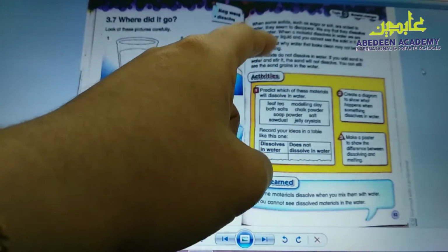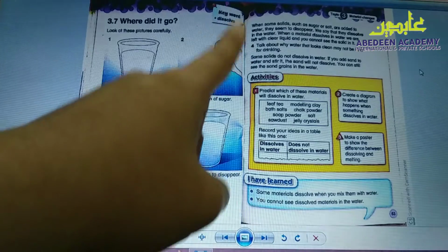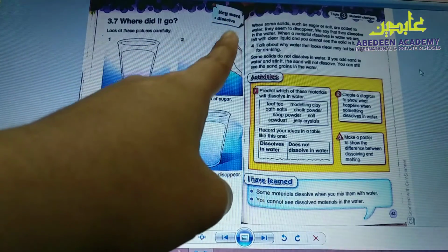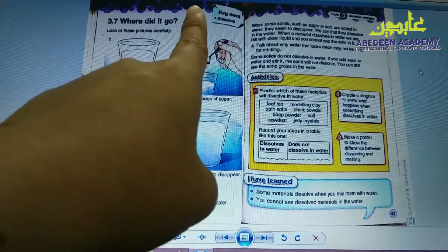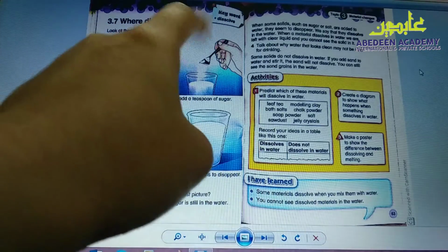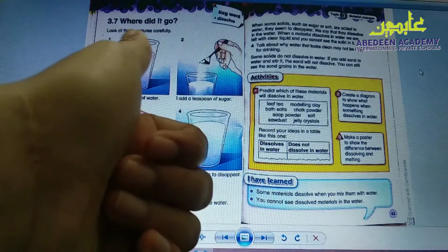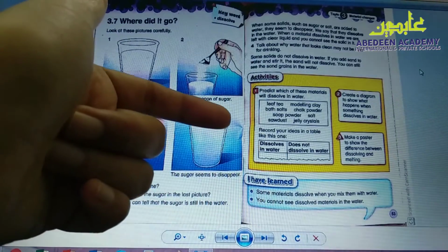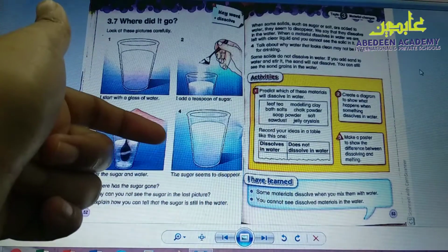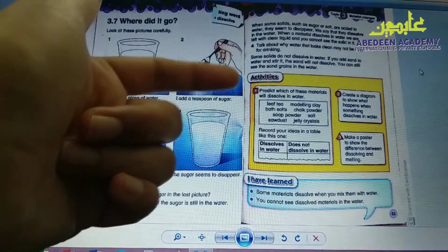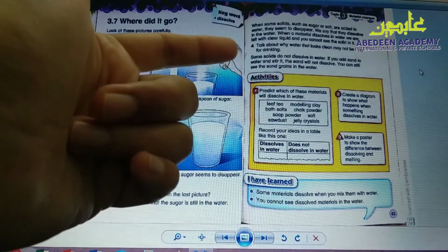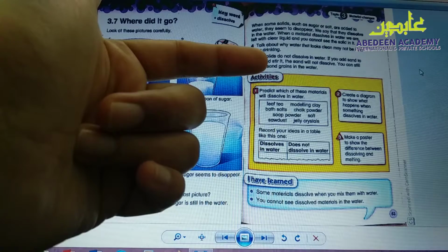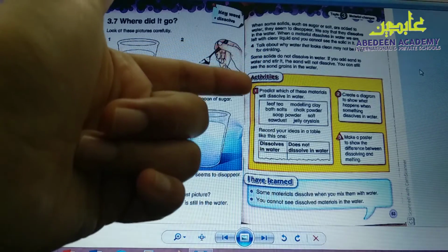When a material dissolves in water, we are left with clear liquid and you cannot see the solid in it. That is when you mix salt and sugar, because they are crystals when they are still not stirred in the water. Number 4, talk about why water that looks clean may not be safe for drinking.